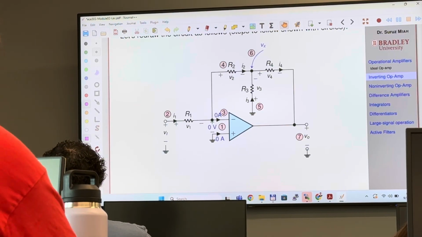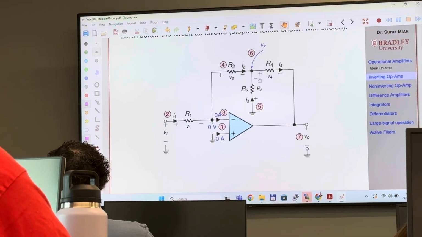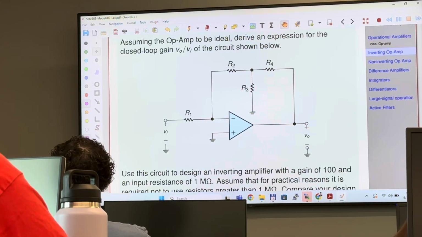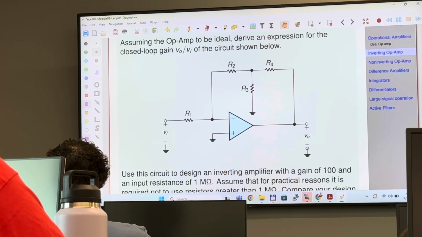Original circuit: in the exam, I am going to give you the original circuit like this, with no labels. Because when you build the circuit, you just see the components, right? In a PCB, you see all the electronic components, but you don't see the current direction and so on.